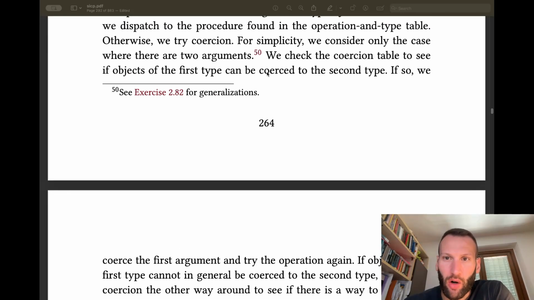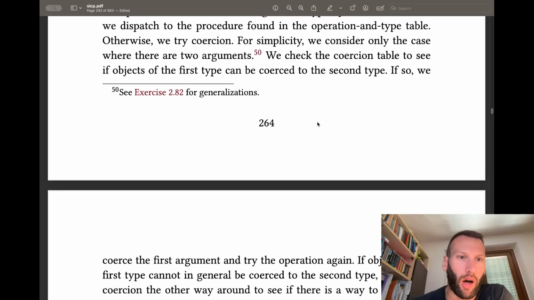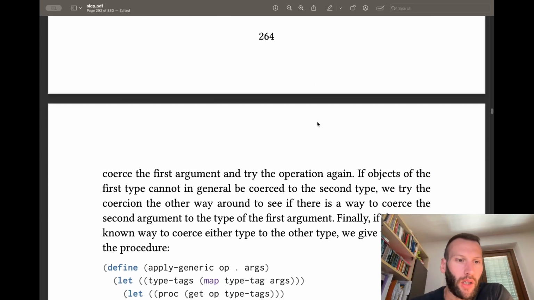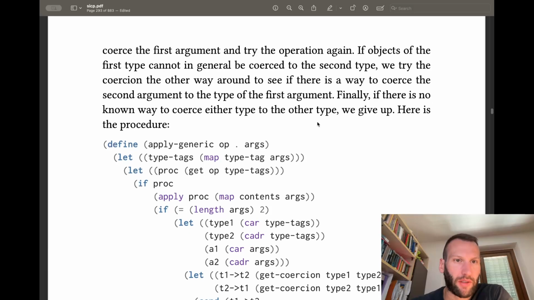We check the coercion table to see if objects of the first type can be coerced to the second type. If so, we coerce the first argument and try the operation again.